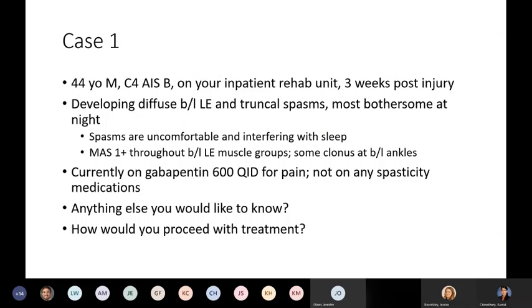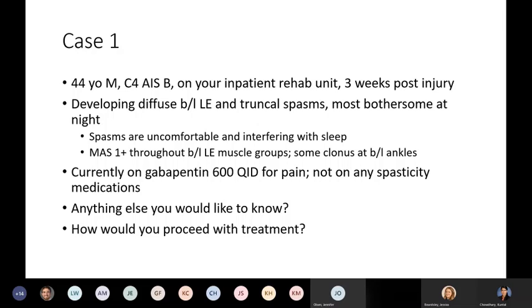So for case one, we'll say we have a 44-year-old male who has a C4 ASIA Impairment Scale B spinal cord injury. He's on your rehab unit, about 3 weeks post-injury. Over the preceding couple of days, he's been having bilateral lower extremity and truncal spasms, which he reports are most bothersome at night.